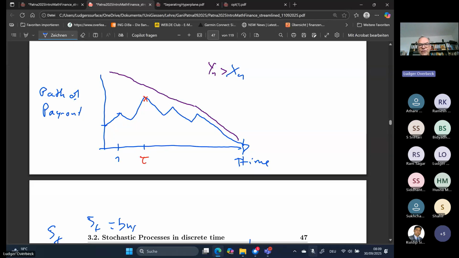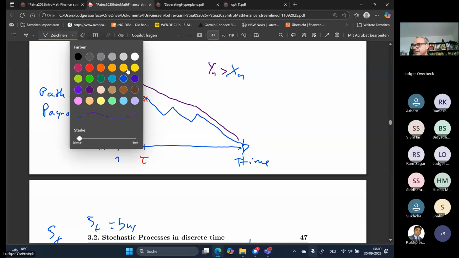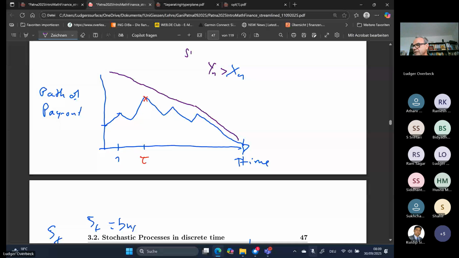That's a decreasing function dominating xn. And then, of course, you take the smallest one of this. You take the smallest dominating function, which is obviously this one, which we call Zn star.